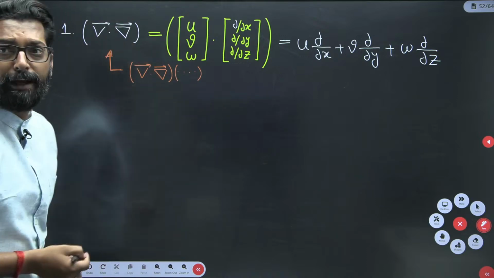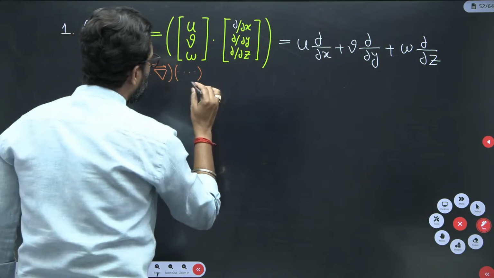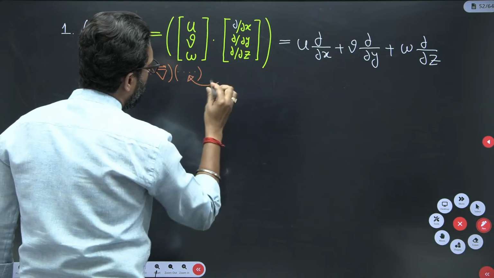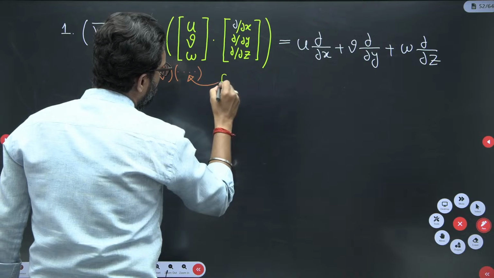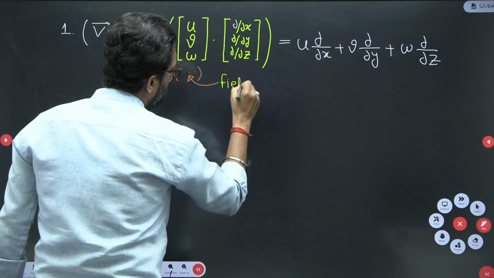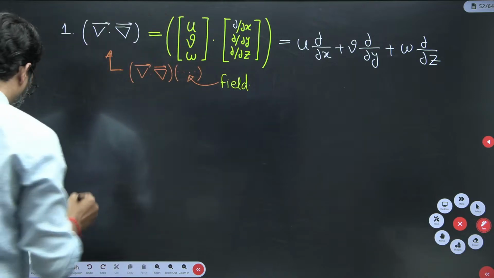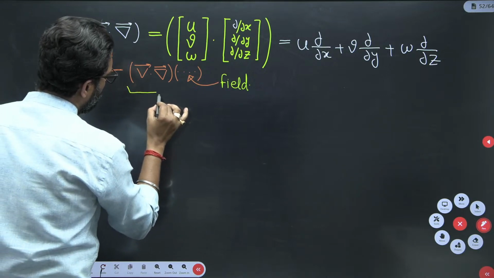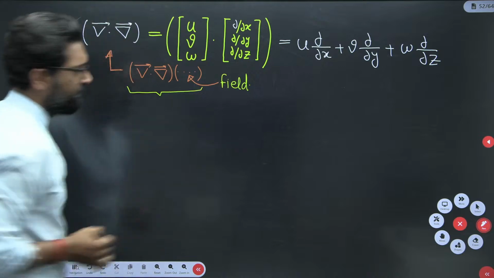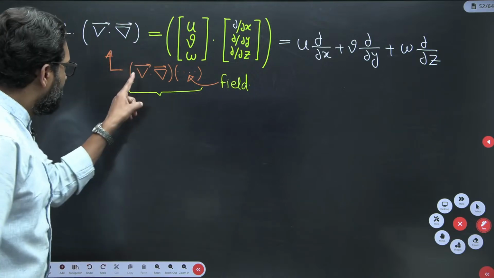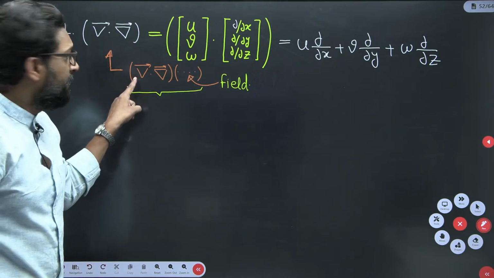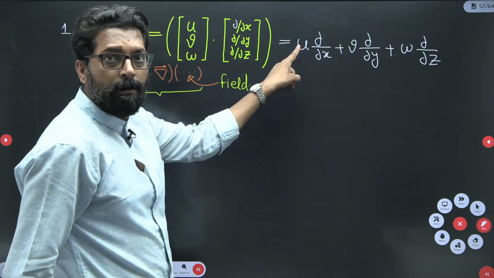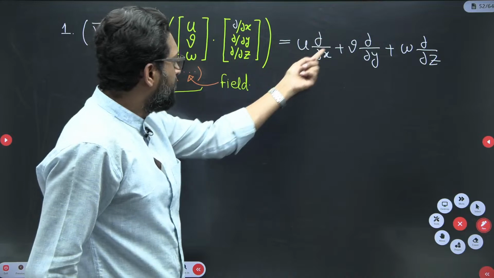And this anything is your field. Now, what does this represent? See, this V is the velocity, so this V is the velocity component, and this is your field.